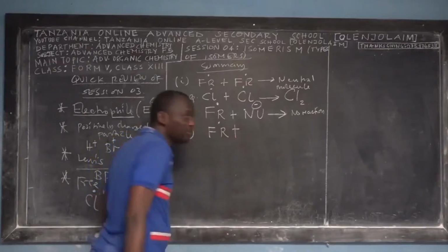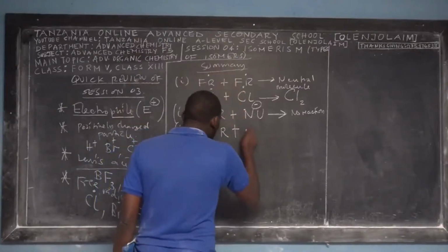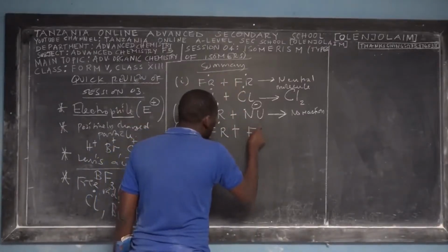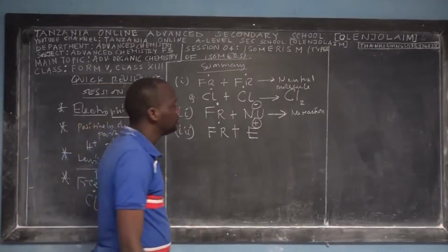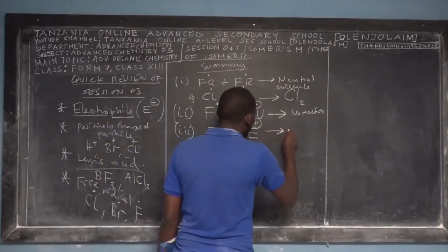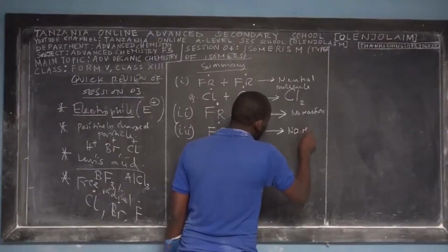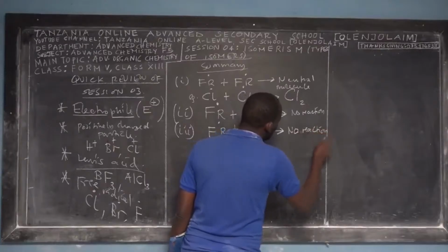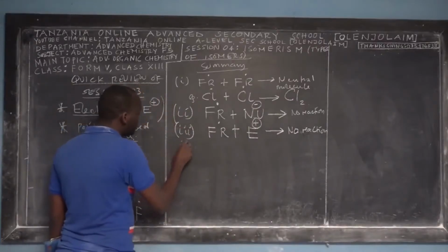If you take any free radical and react with any nucleophile, no chemical reaction. And also if you take any free radical and react with any electrophile, the experiments show that there is no reaction. So bear this in your mind: no reaction.